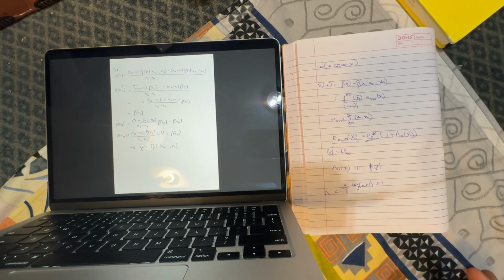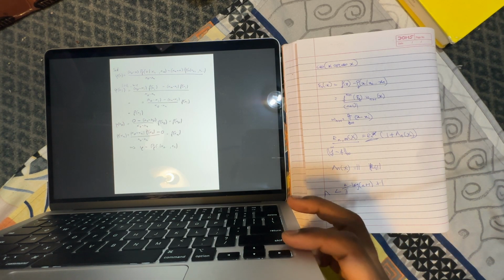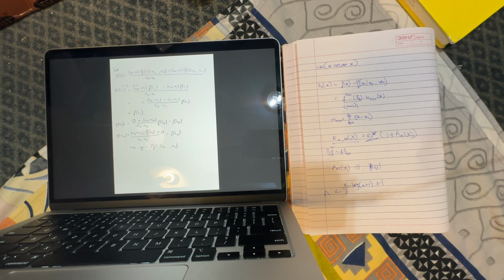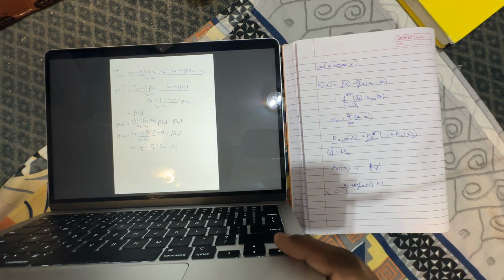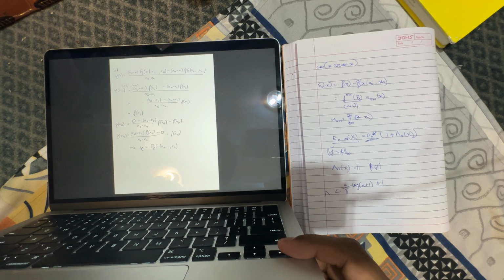Okay, this I think is understandable from the proof. All we are doing is just plugging in xi and seeing that it holds for all xi, right?